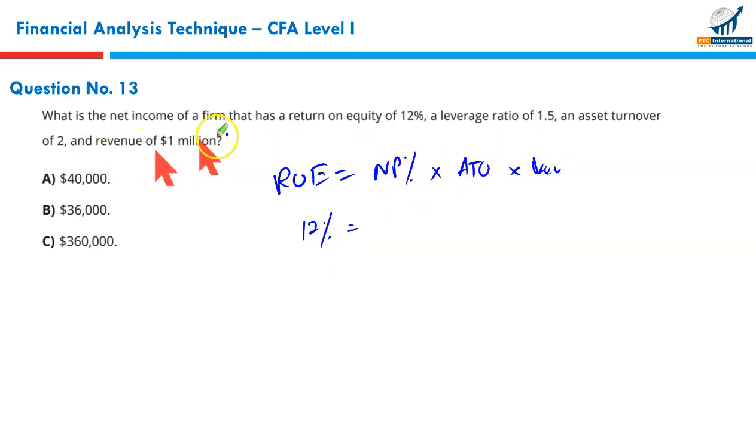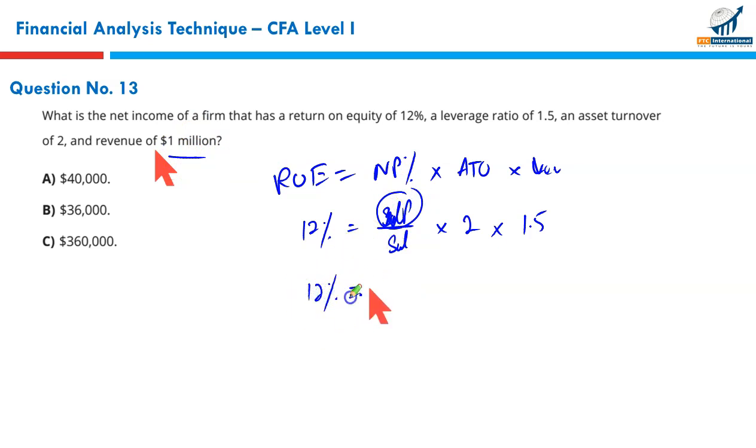We have revenue 1 million. Assets turnover is given as 2. Equity multiplier or the leverage ratio is 1.5. And we know net profit percentage is net profit upon sales. We have been given the revenue 1 million. Net profit is something that we need to calculate. Net income.